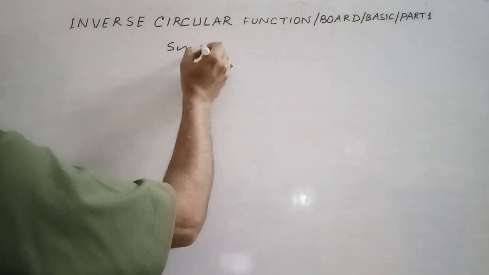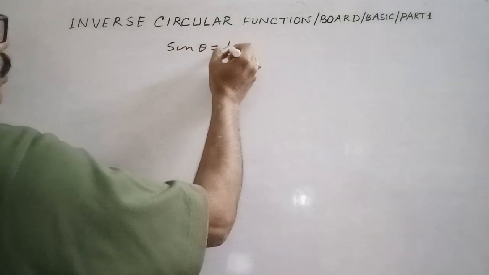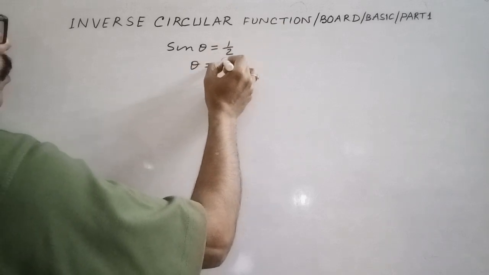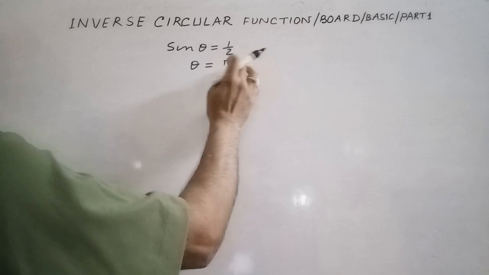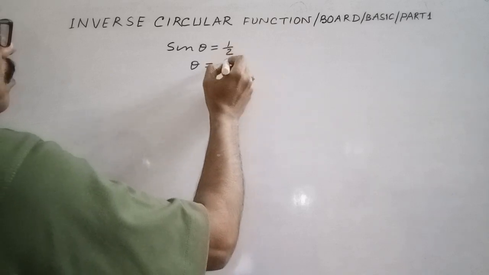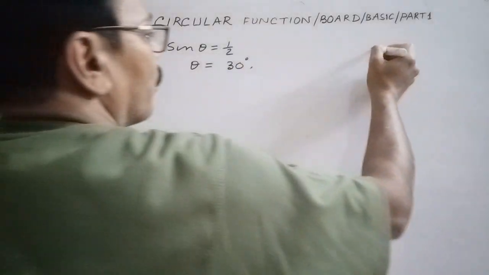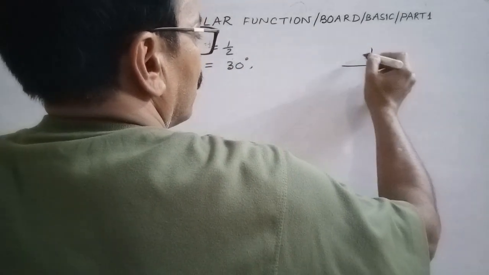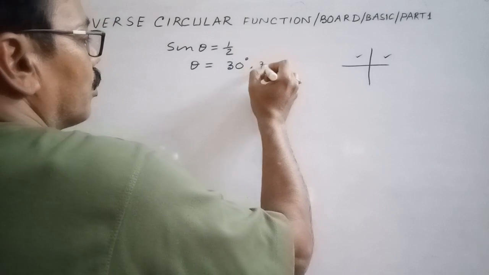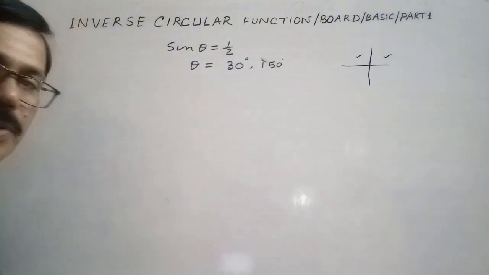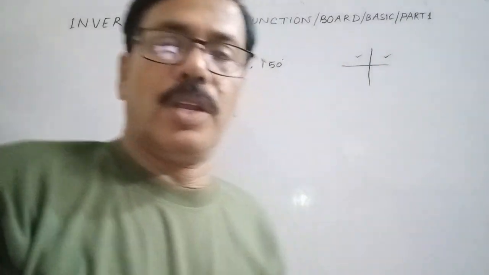So, look, if sin theta equals half, then from our basic knowledge, we know theta equals 30 degrees in the first quadrant, and 150 degrees in the second.